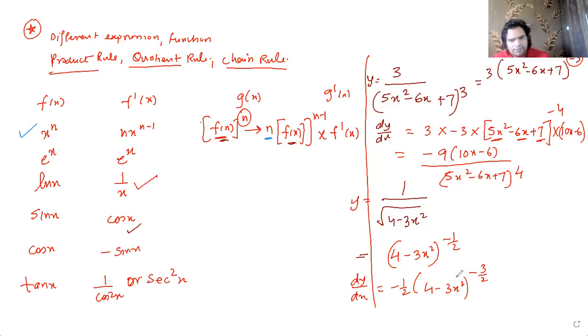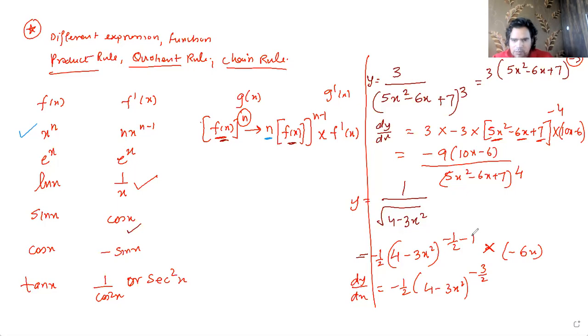How do I get this negative 3 by 2? It's n, which is negative half, f(x) to the power n minus 1, into the derivative of the child function, which will be minus 6x. The derivative of 4 is 0, and the derivative of minus 3x squared is minus 6x.